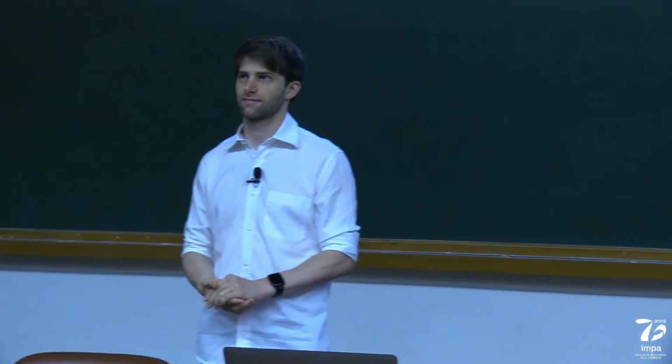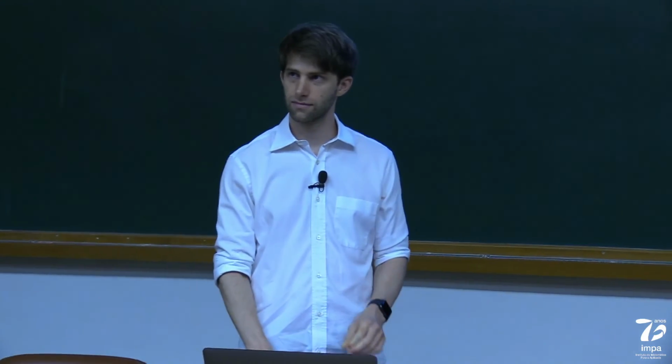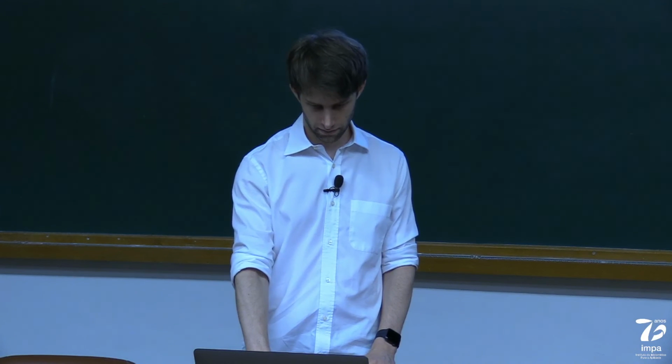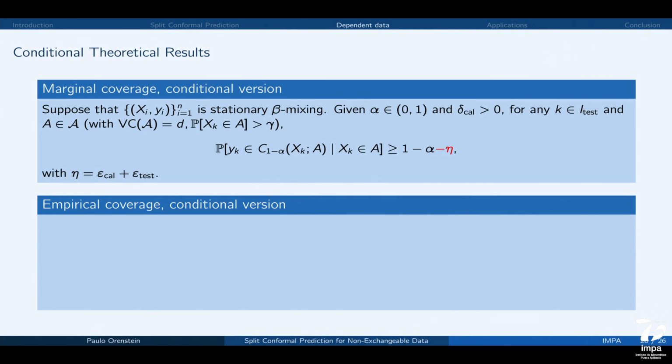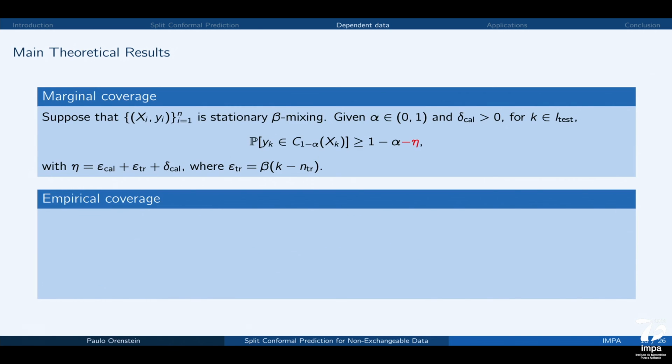I have a question about the first result you showed. It's a marginal coverage, and it says that the probability of y_k being in the set, which depends on x, is guaranteed to be larger than something.